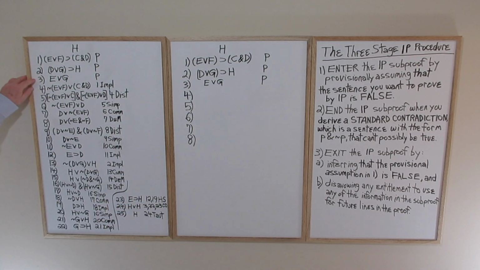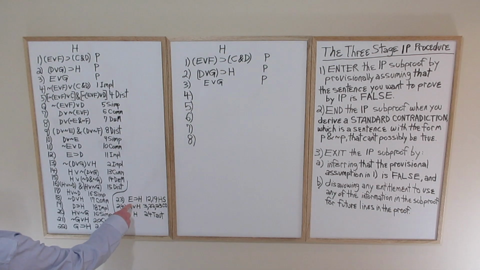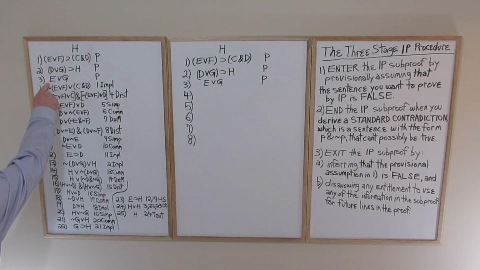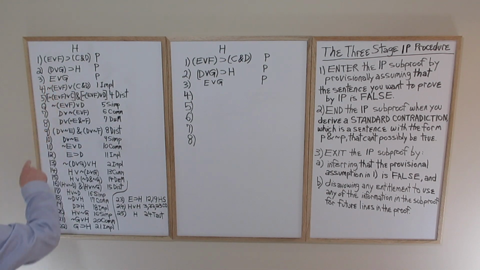Then we've got, when we move to the third and final premise, the disjunction E or G, and this conditional, E horseshoe H, has an antecedent which is identical to the left disjunct in the disjunction on line 3.